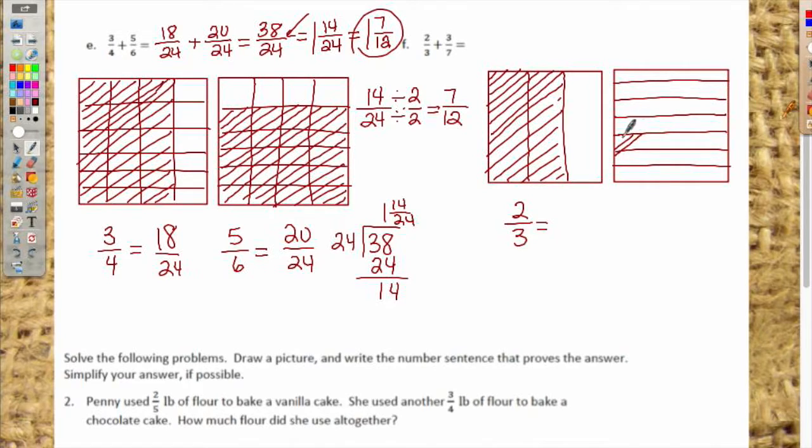And 3/7. And I'm going to start by dividing my 7ths into thirds. And then divide my thirds into 7ths.